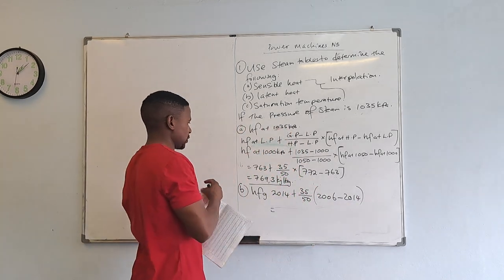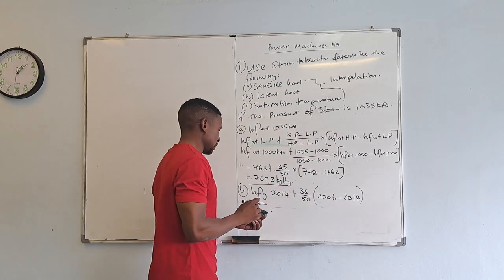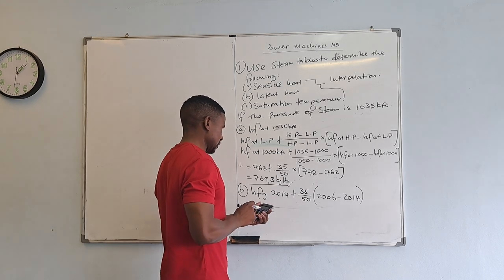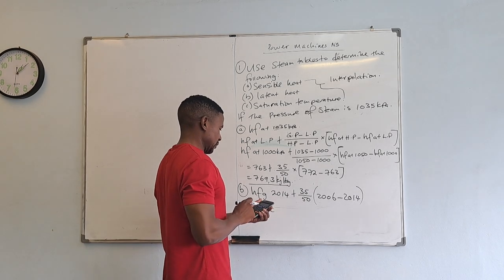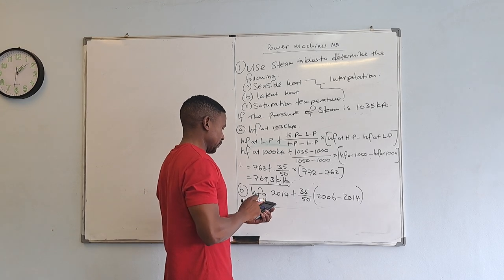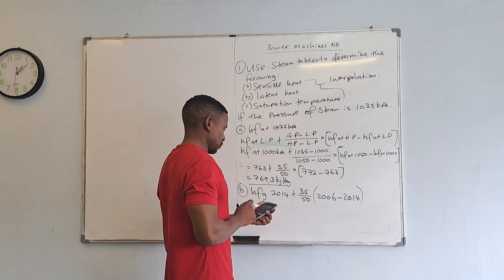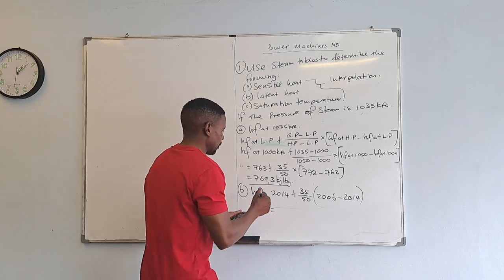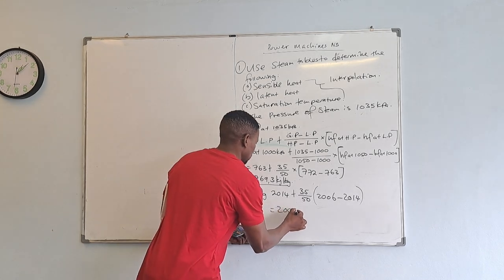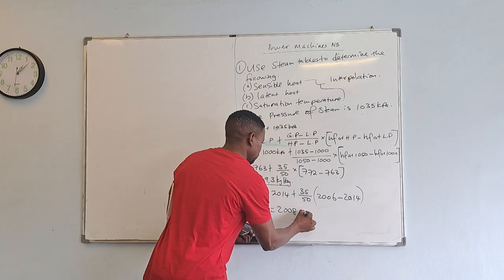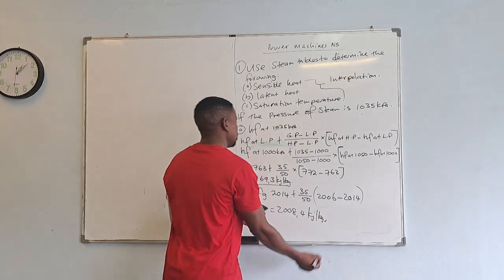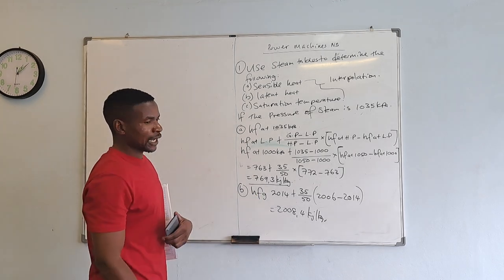That's how we solve it. So from there we substitute, which is 2014 plus 35 divided by 50 times 2006 minus 2014. I'm getting 2008.4 kilojoules per kg. That's how we get our latent heat.